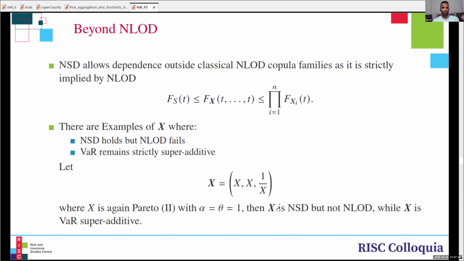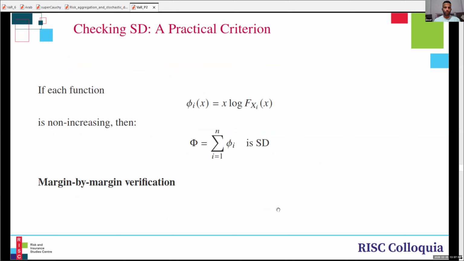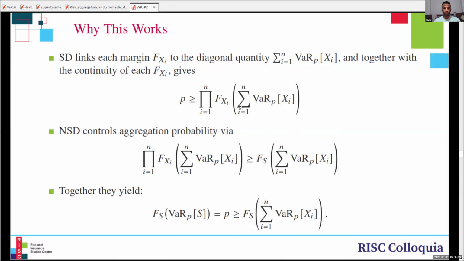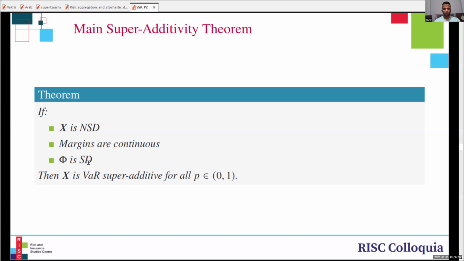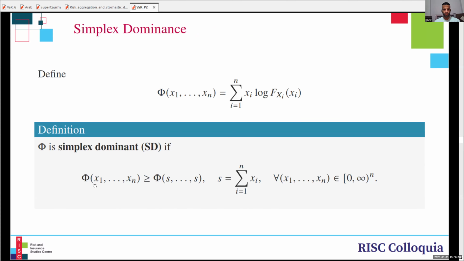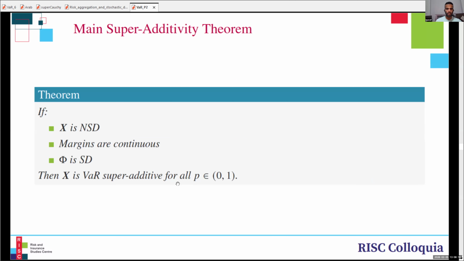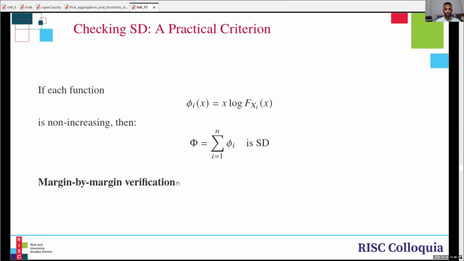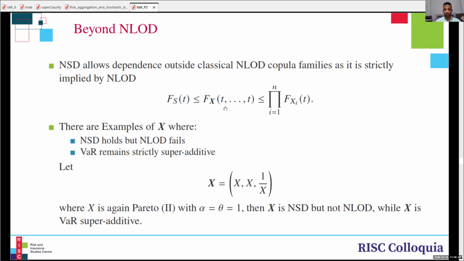Okay. So what can we do with this theorem? There is a nice condition that we can check. The SD condition for phi is quite complicated sometimes, right? You have to check that the value of phi here should exceed the value of phi here. One of the easiest ways to check that is to consider the individual components of the function phi.